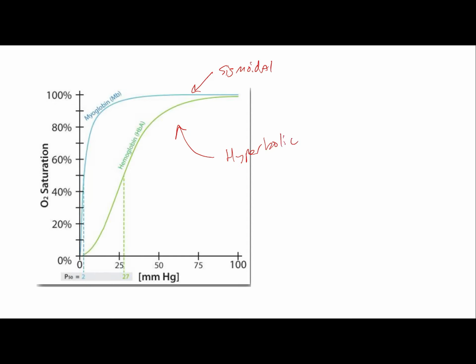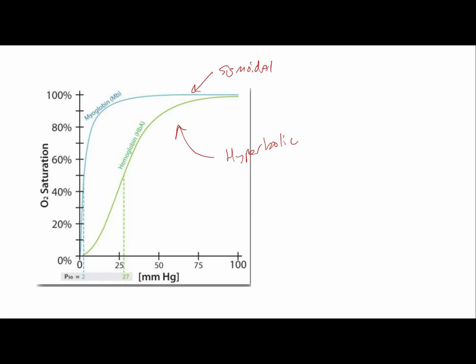What this tells us is that hemoglobin's affinity for oxygen is low at low concentrations of oxygen, but increases as the oxygen concentration increases. Since myoglobin very quickly saturates with oxygen, even under low oxygen conditions, its affinity for oxygen is high, and it doesn't change.